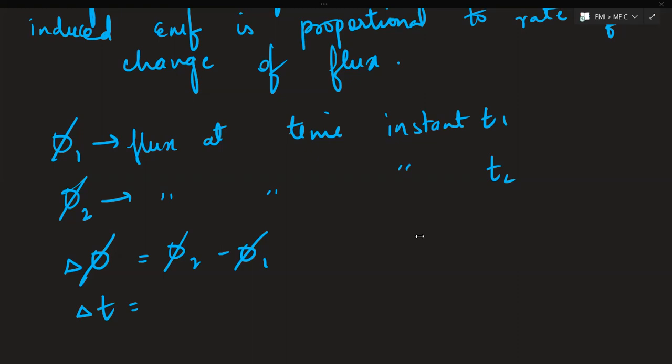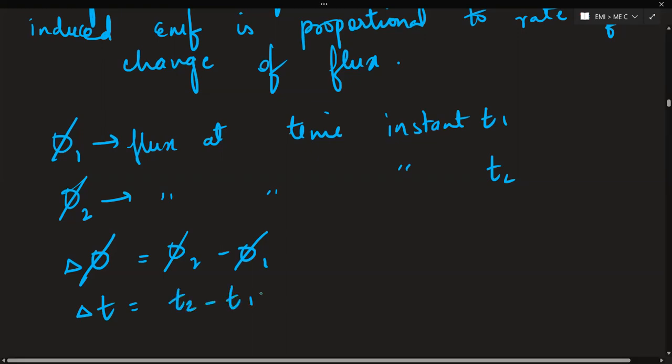Time interval I'm asking. No idea, Sneha? Yes, right, Sarah. See why you people are not able to understand this. Final time minus initial time. That is t2 minus t1. Clear now, Sneha and Kulsum?